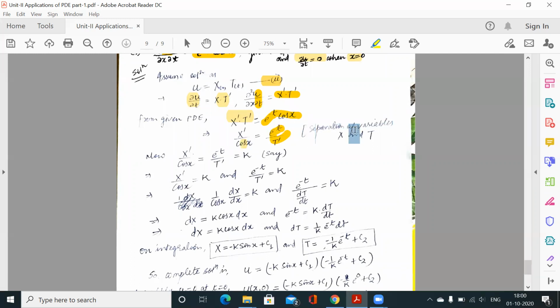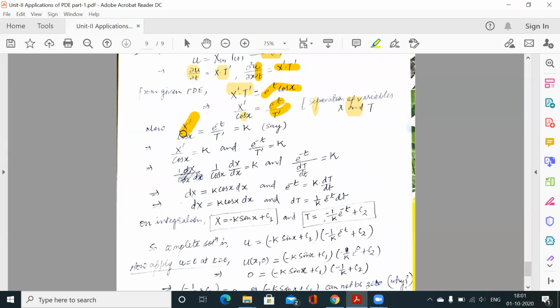So separation is possible. The left hand side and right hand side both will be equal to a constant, because these are independent variables. So both are equal only when they are equal to a constant, say k. So X dash over cos x is k, and e to the power minus t over T dash is k.